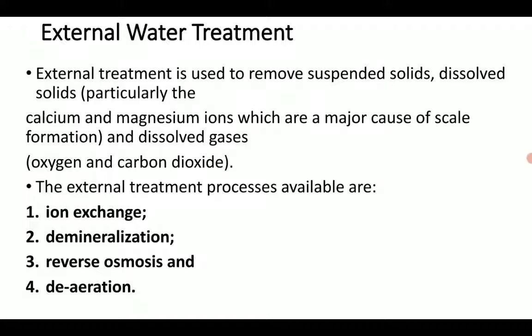So we use internal water treatment for removing the scaling, and external water treatment for dissolved gases, suspended solids and dissolved solids, which cannot be effectively filtered out internally. They should be filtered out externally.